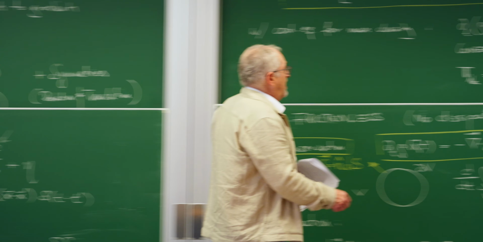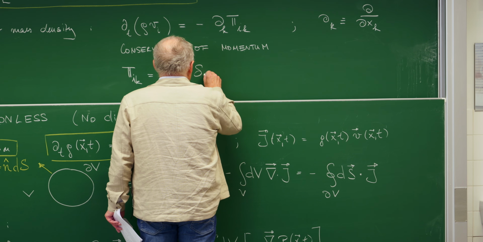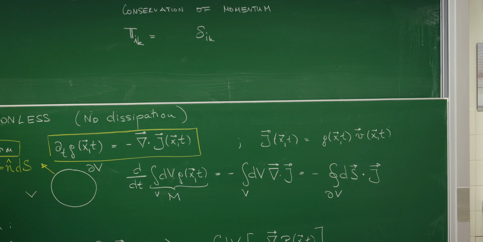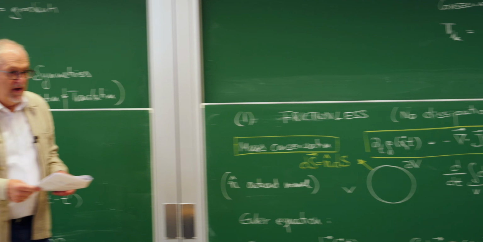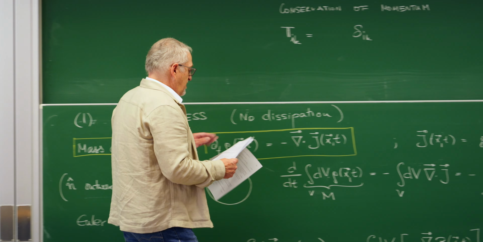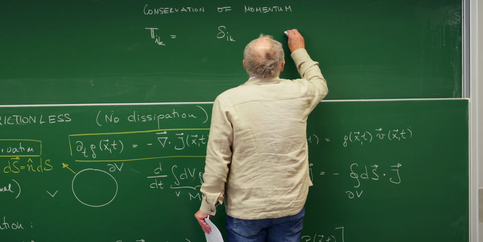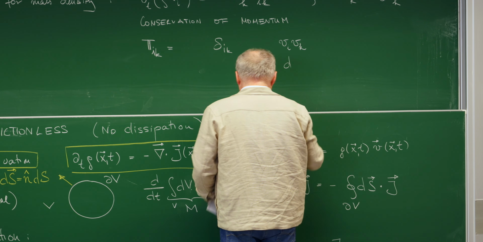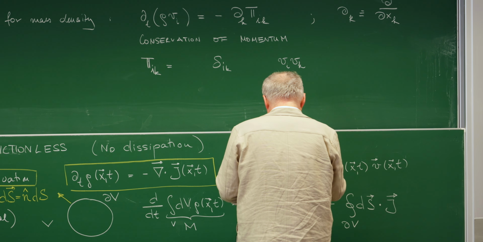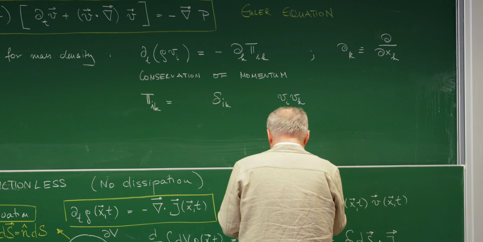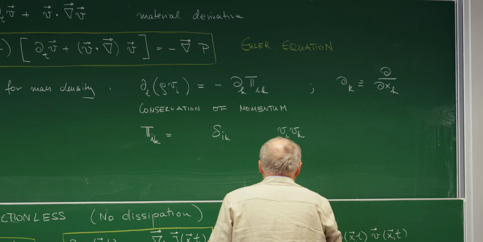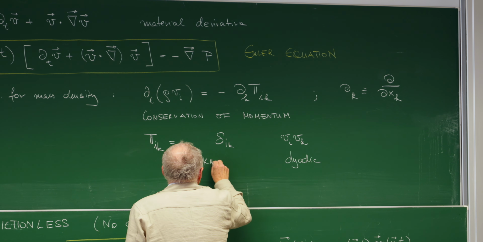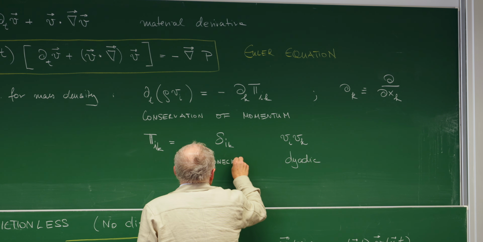So this object must be composed of invariant tensors, which is delta ik. That's one tensor I can construct. And the other tensor I can construct is just the dyadic, which is Vi Vk. So that's called the dyadic. And that's our standard Kronecker symbol.